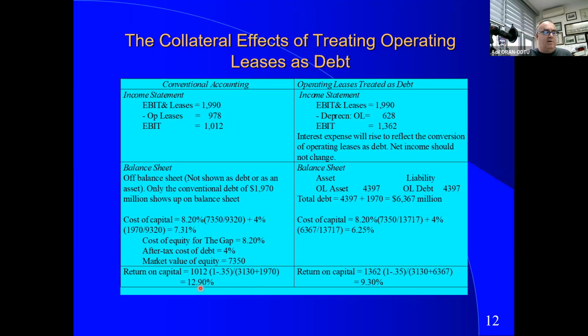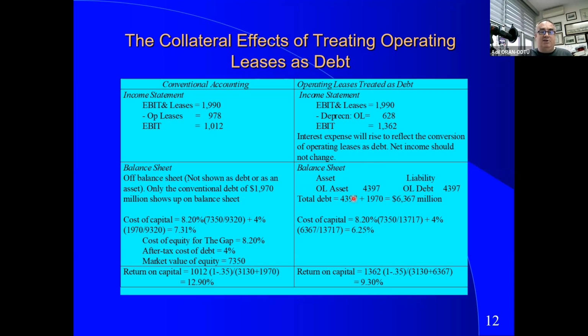It comes out to 12.90. But if the operating leases are treated as debts, how would this be different? Well, for one, the number that we use in calculating free cash flow to the firm, rather than starting with an EBIT of 1,012, you'd start out with an EBIT of 1,362.